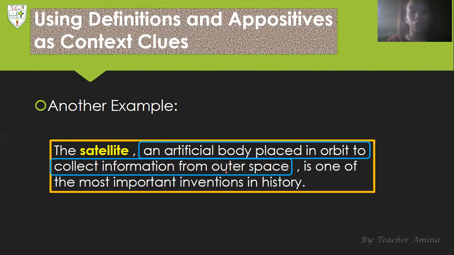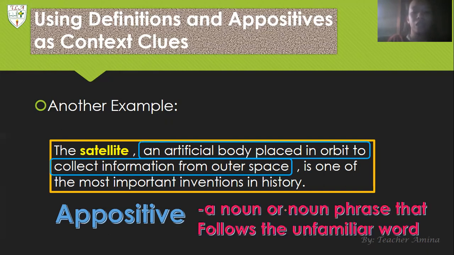How did we know? Okay, first, I will tell you that this is an appositive. An appositive is a noun or noun phrase that follows the unfamiliar word, just like here in the sentence. It usually gives you a clue. How will you know that it's an appositive?